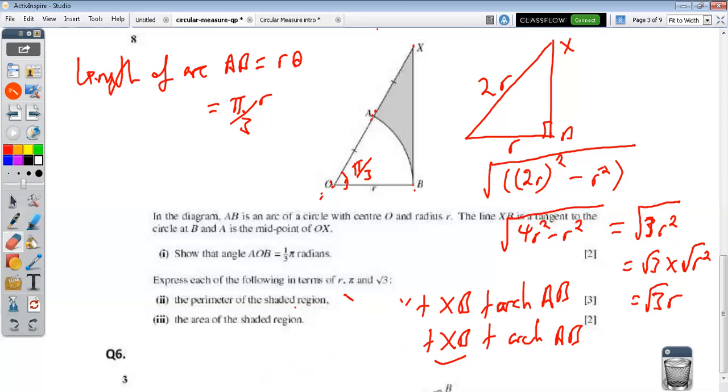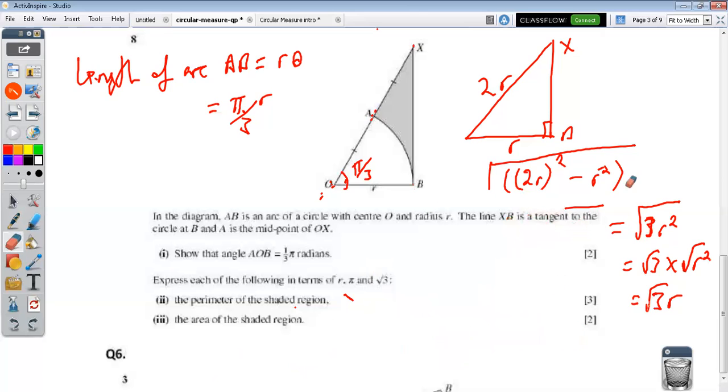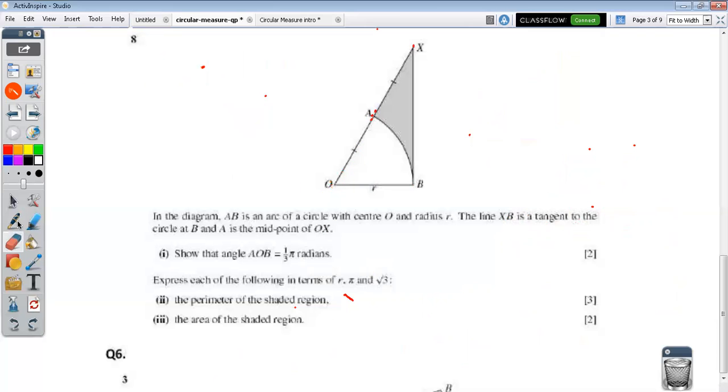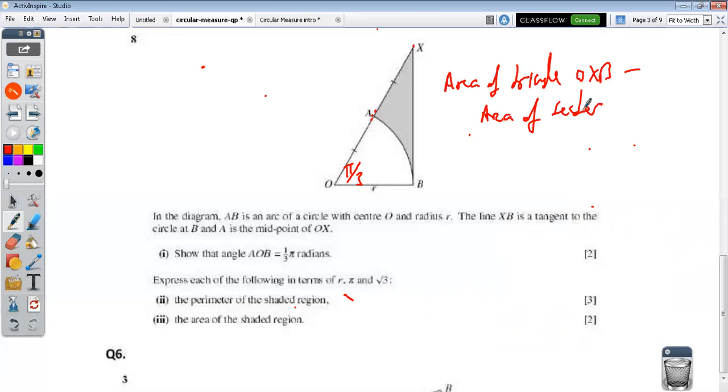So the shaded area. Now if we were to find the shaded area, we know that this is pi over 3. Shaded area is the area of the triangle OXB minus area of sector OAB.